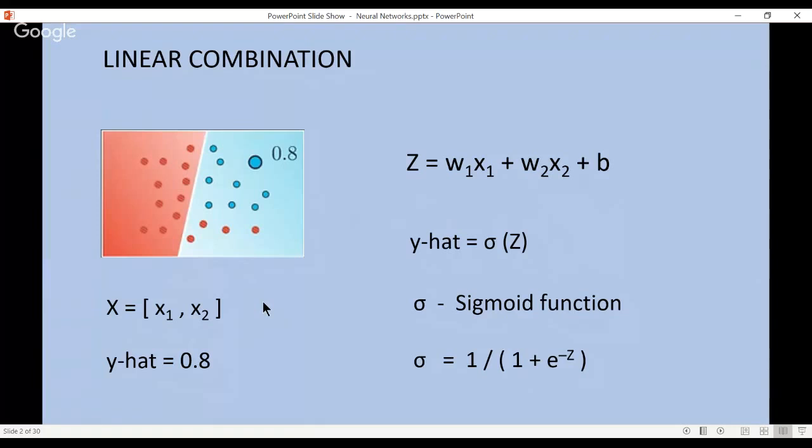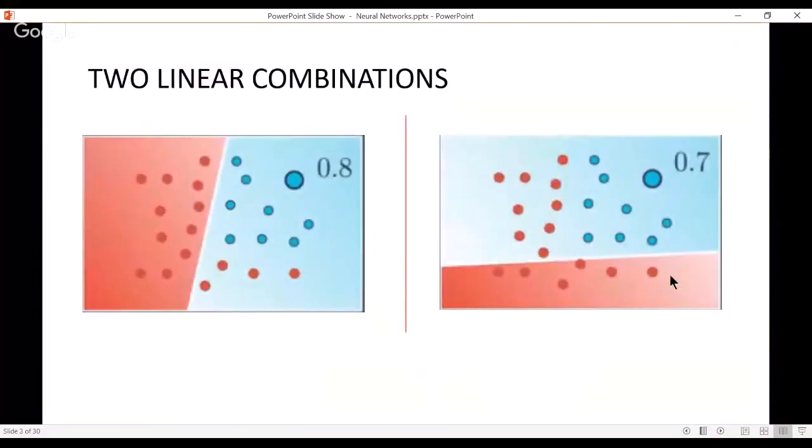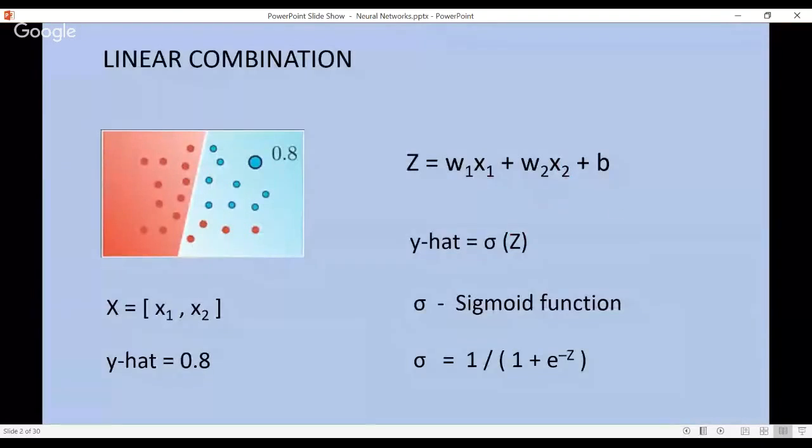But there might be other ways to divide these two regions, red and blue. Let's see this equation. The difference between this equation and this one is the weights, w1, w2, and b. Given x1 and x2, there can be many linear combinations using the weights and the bias.